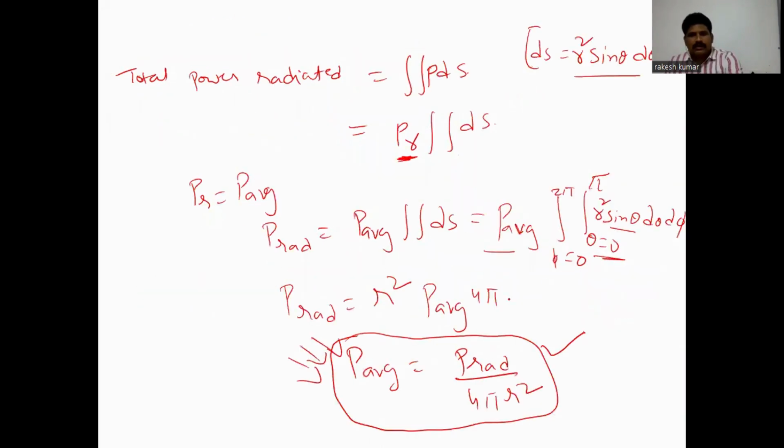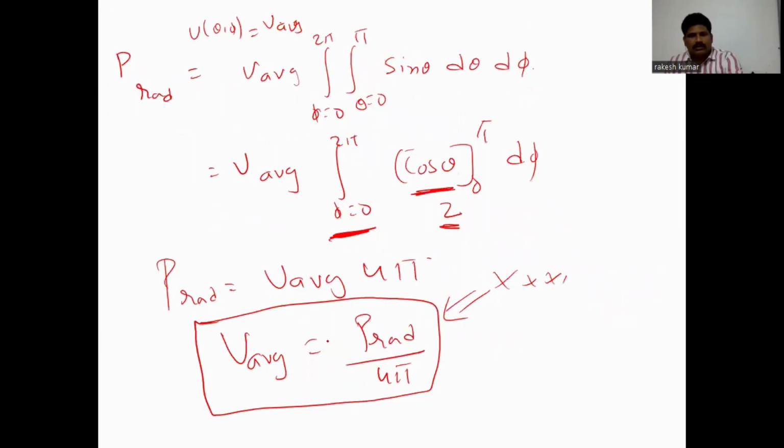The previous one is the average power radiated by an isotropic antenna, and this is the average radiation power intensity.